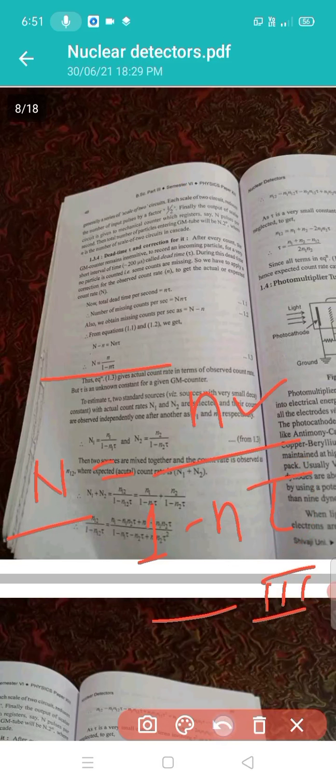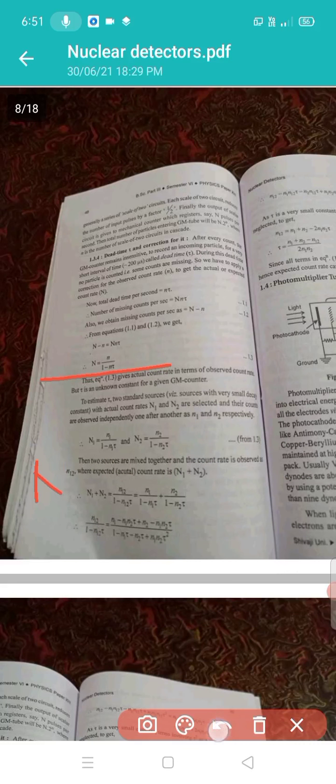See here, this one is for N1 and this one is for N2. From equation 3 we can get, when two sources are mixed together, the count rate is observed as n12. The actual count rate for the first source is capital N1, and for the second source is N2.